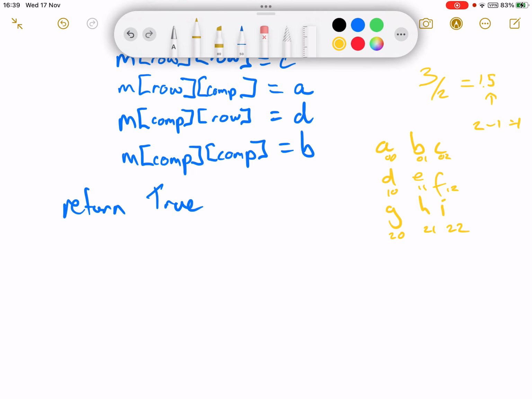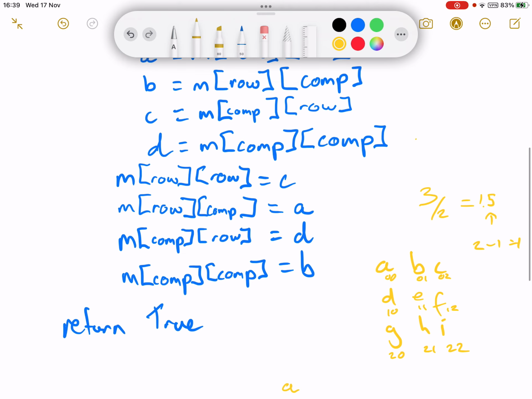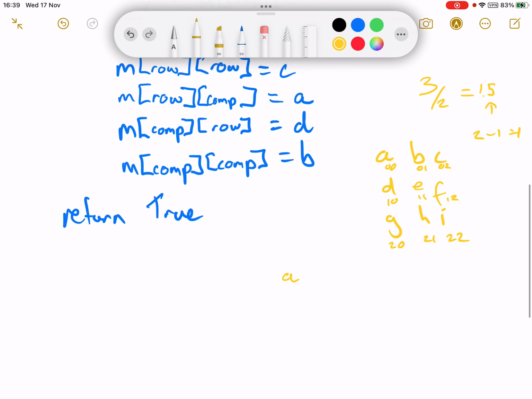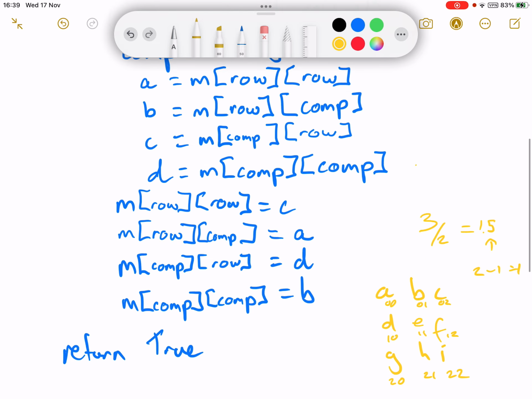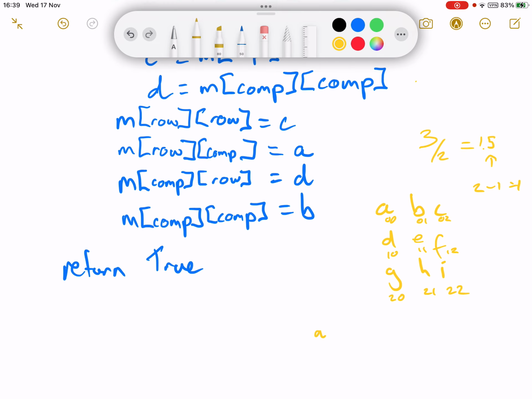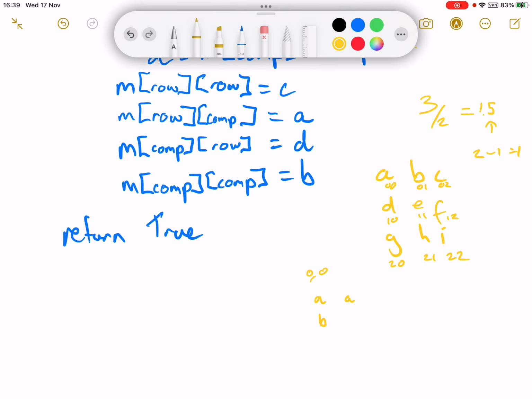So, our first iteration, we got A. A is M row, so 0, 0. So A is M 0, 0. It'll be 0. So we're going all the way up to 1. So A 0, 0. So that's A. B would be, oh crap.